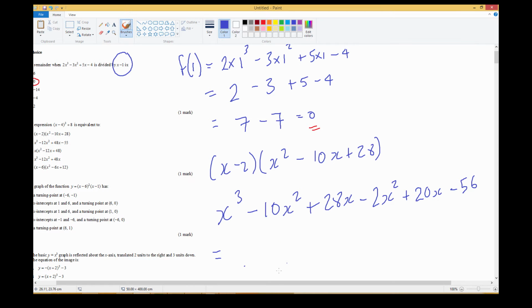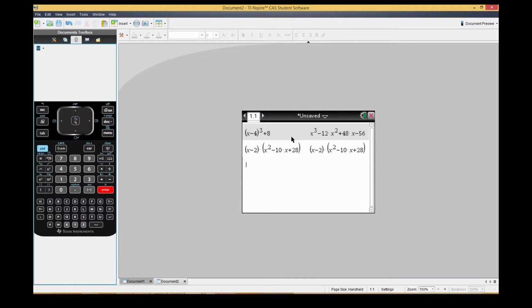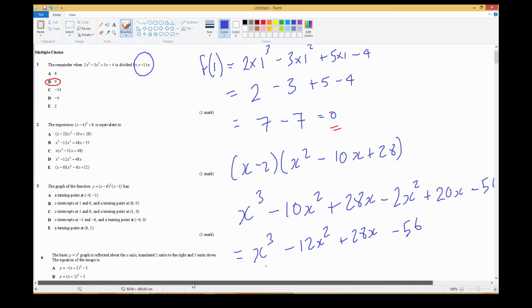So you can see we got what we want. Simplifying, this is x cubed minus 12x squared plus 28x minus 56. So we can see it's the same as how the calculator expanded it. So that is the correct response, response A, sorry. Okay, going to the next question, question 3.